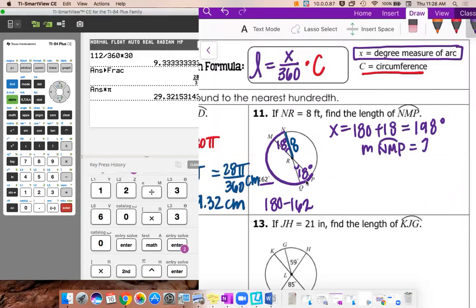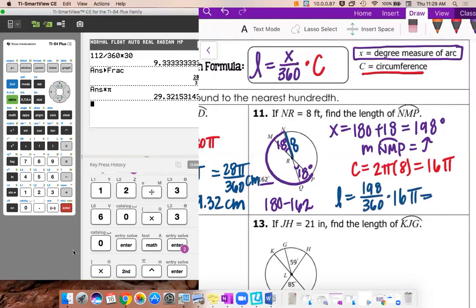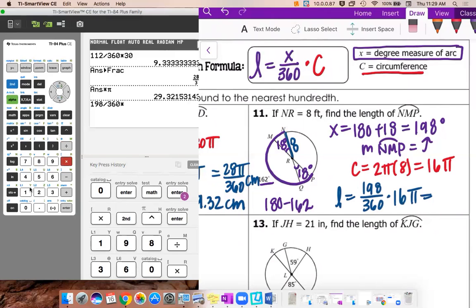And then the other thing we need is the circumference. So circumference is going to be 2 pi r, which in this case is just going to be 16 pi. And then all you do is plug it in. So length equals 198 out of 360. So your angle of the arc is 198 out of your full 360 times your circumference, which is 16 pi. And then if we want to leave it exact, we just plug in 198 divided by 360 times 16.